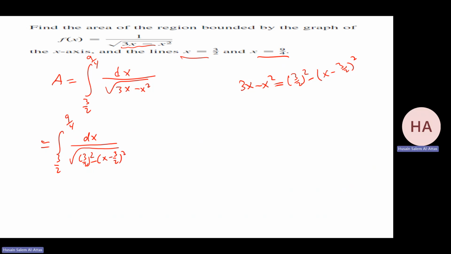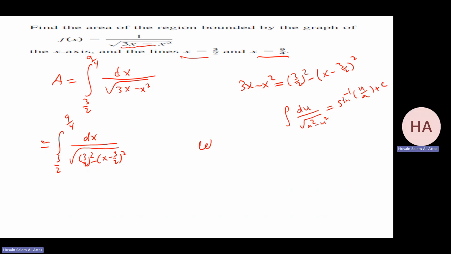Also we need to notice the formula: du over square root of a squared minus u squared is sine inverse u over a plus c.